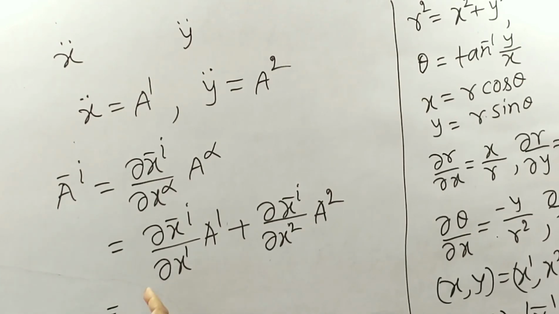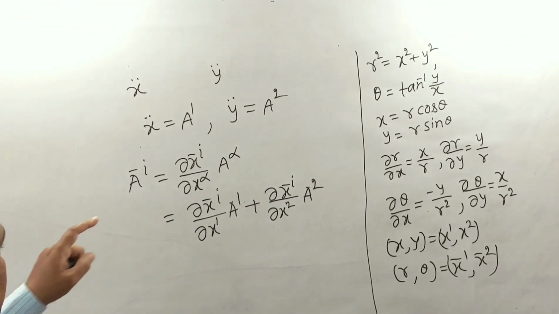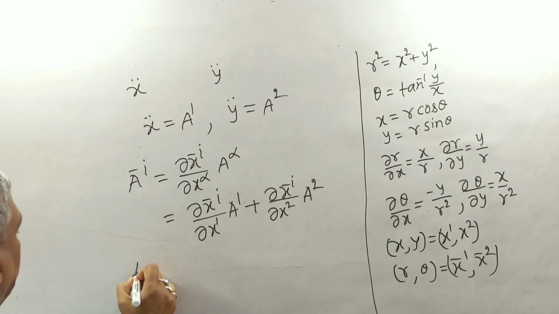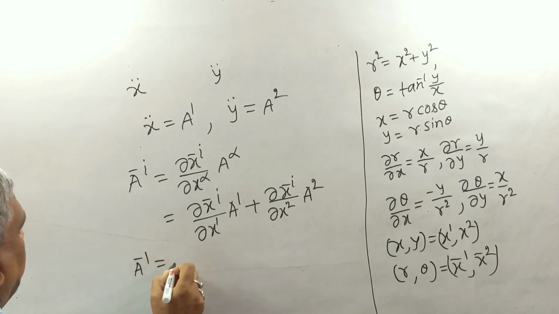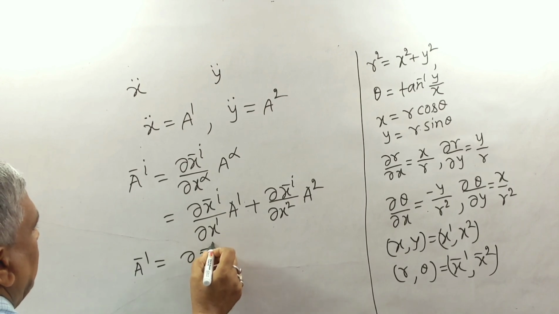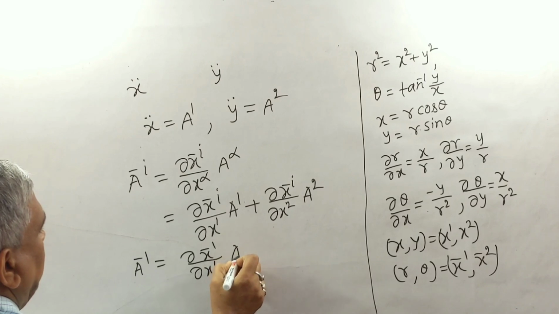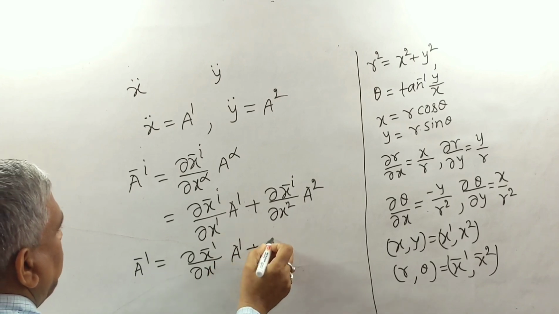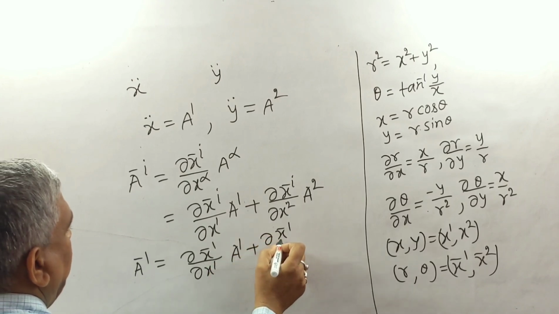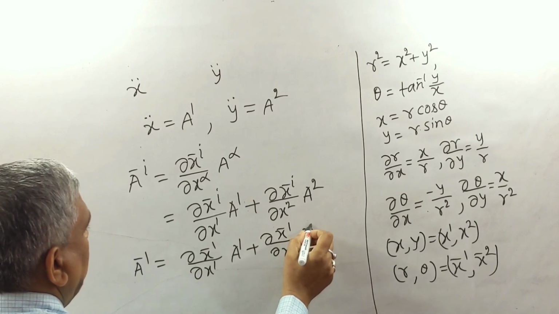Putting i equal to 1, a bar 1 equals del x bar 1 by del x 1 a1 plus del x bar 1 by del x 2 a2.